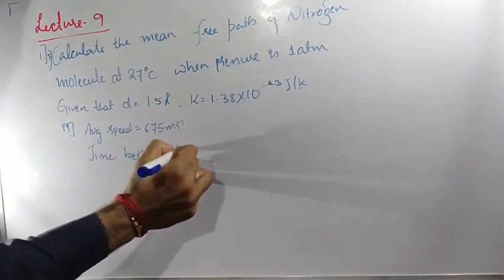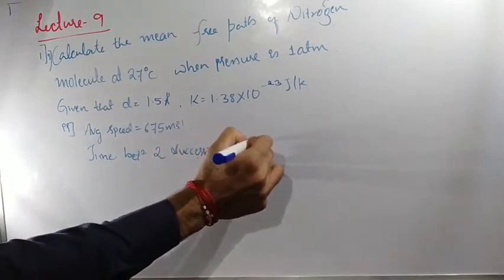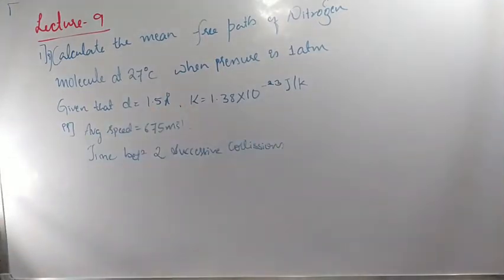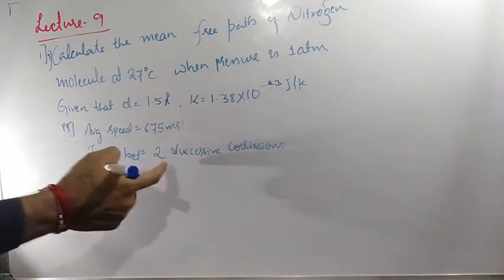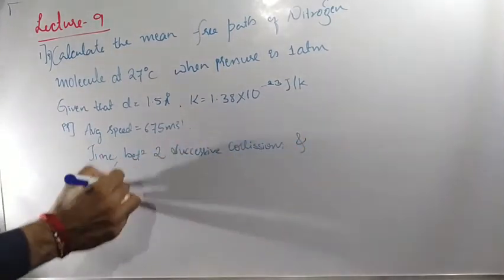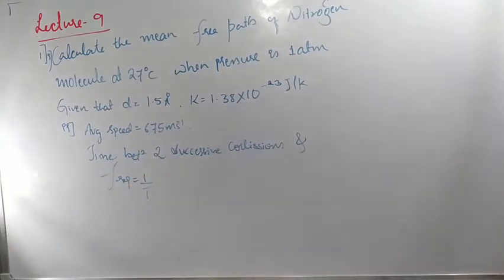So they are asking about what is the time taken for that molecule between two successive collisions, and if they are calculating time in some question, they may ask frequency also, which is nothing but 1 divided by time. So you can note down the question.